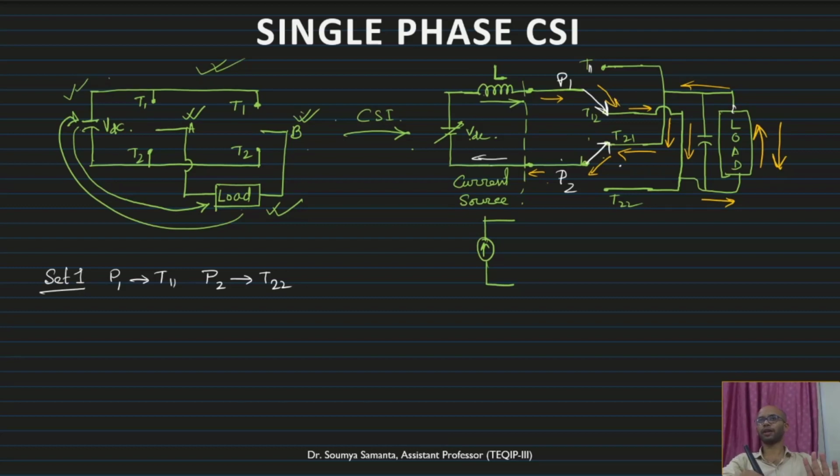If you observe, depending on the change in the voltage, because the capacitor is present, the voltage can be positive and negative. The switch has to block the voltage in both directions. Voltage can be positive and it can be negative, so it has to block both polarities. Suppose this is the VDC.